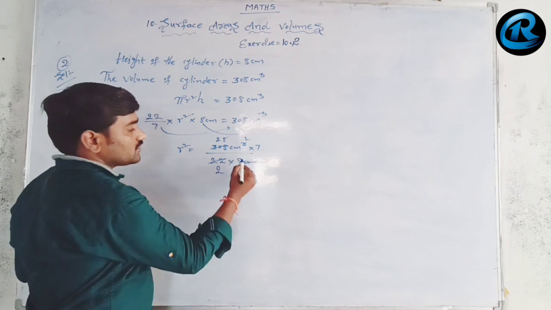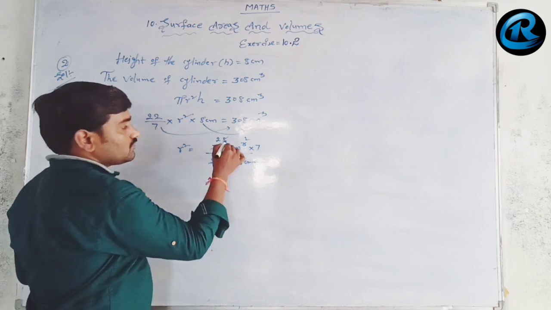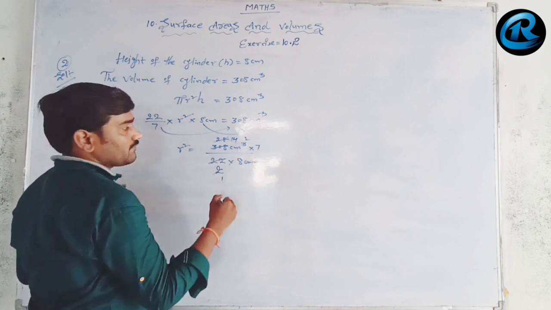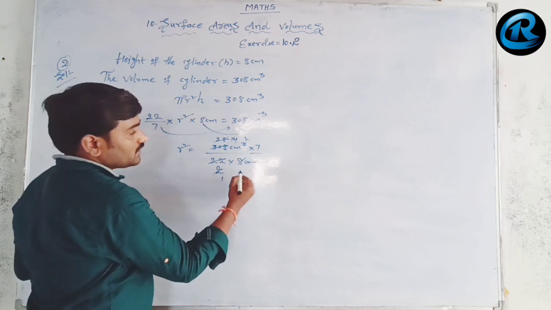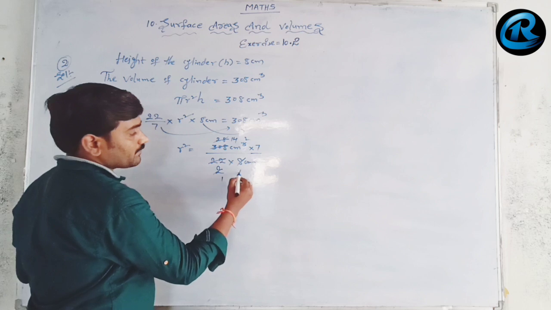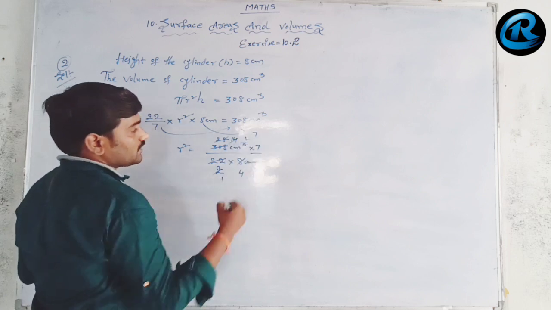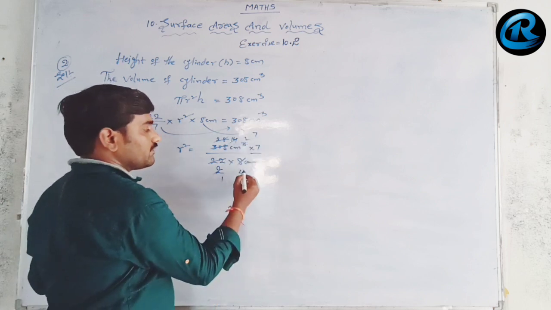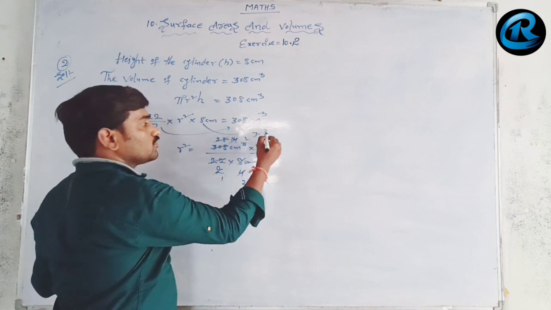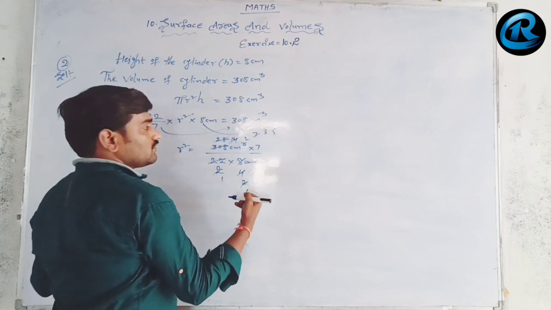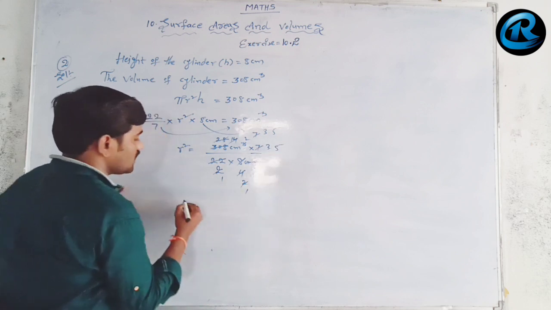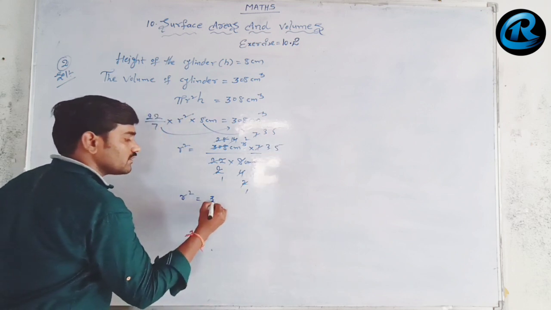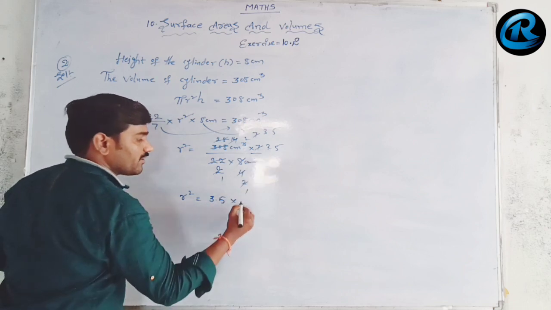Again we cancel, and r square equals 3.5 into 3.5.